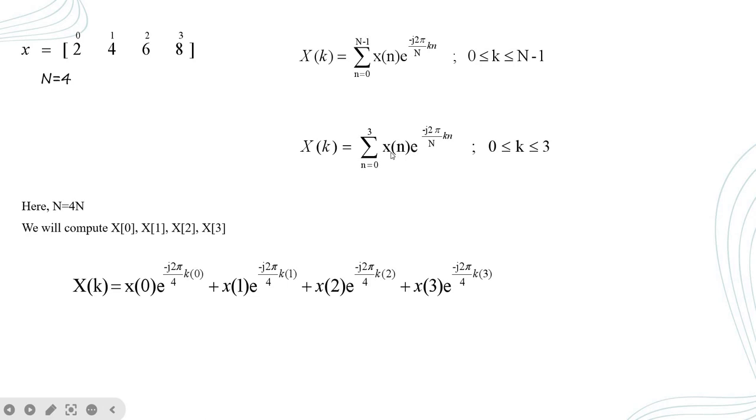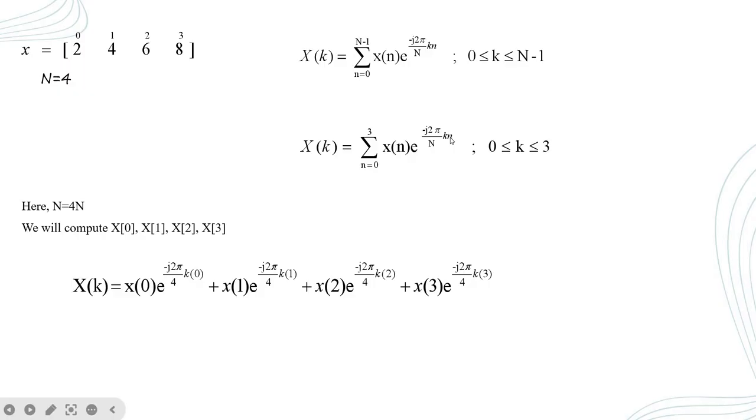First it will take the form x(0) e^(-j 2π n/N k), with n value 0 as we have taken, plus next the value for small n will be 1, so x(1) e^(-j 2π/4 k·1), why 4, because N is equal to 4.